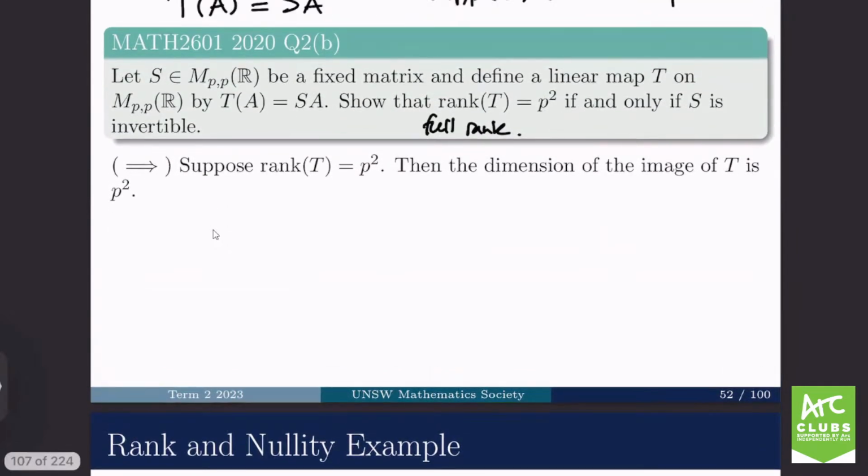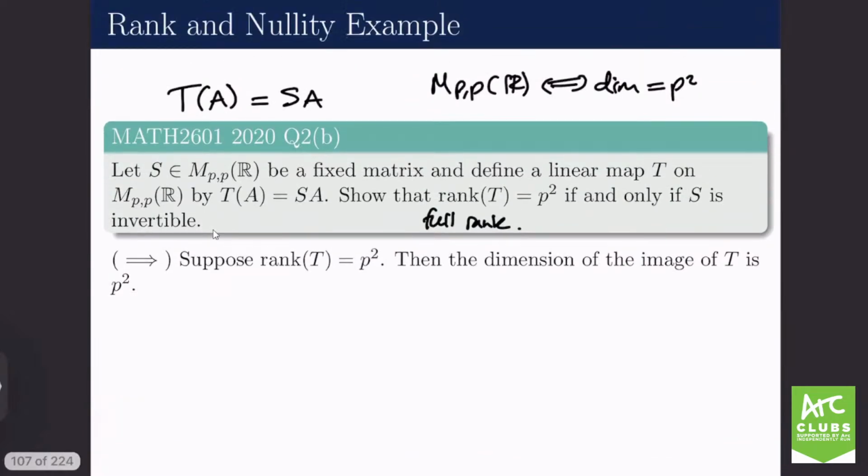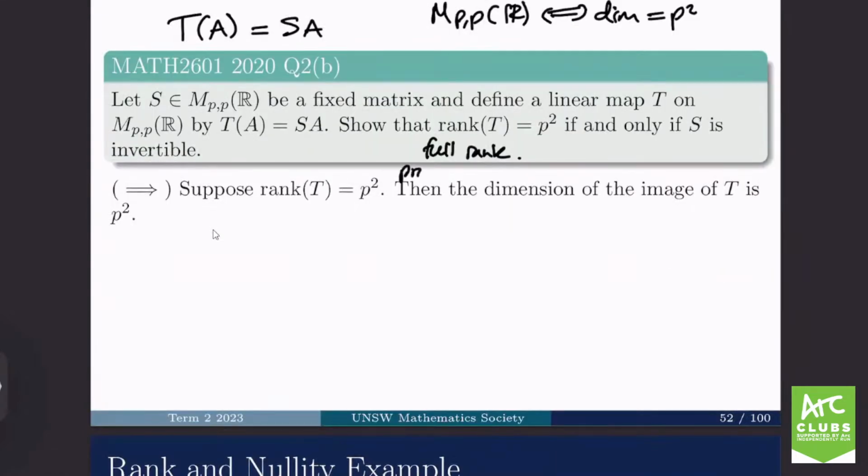We'll start off by proving the forward direction. Suppose that the rank of T does equal P squared. Now we need to prove S is invertible.